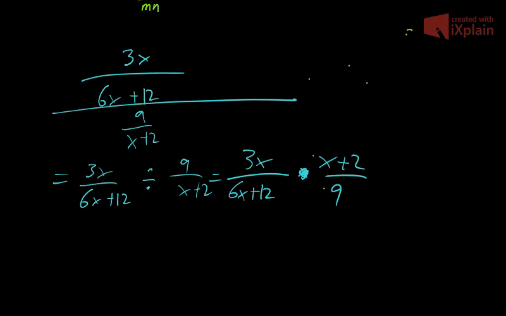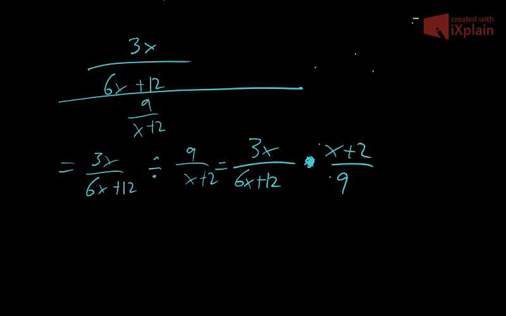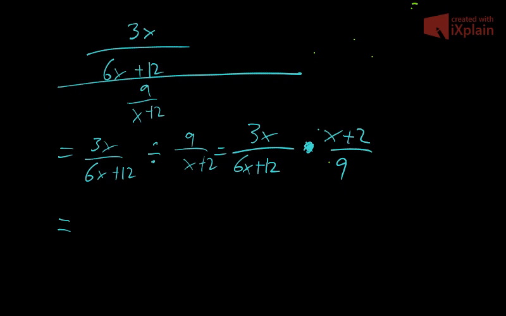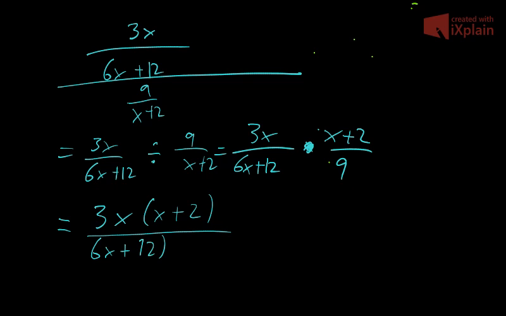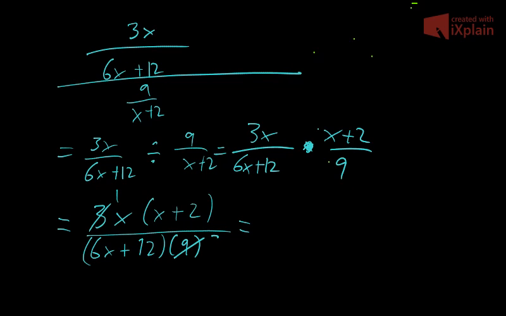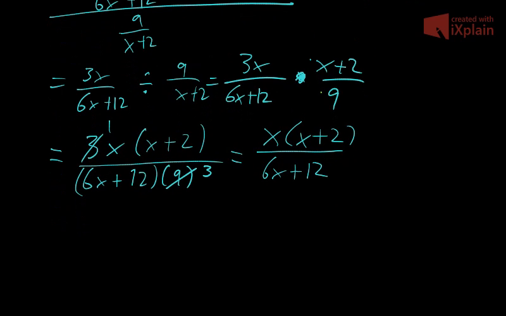And now we can finally start getting to where we want to be. Before I do anything else, I want to try to factor this. So I'm going to have 3x times x plus 2 divided by 6x plus 12 times 9. I know that I can simplify the 3 and the 9, so I'm going to change this to a 1 and the 9 to a 3, and I get x times x plus 2 divided by 6x plus 12. Looking at the bottom, I can pull a 6 out of that.